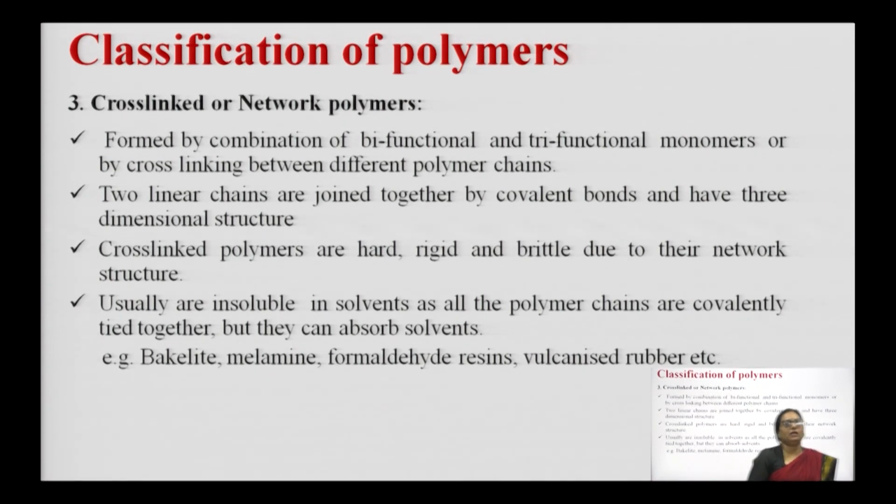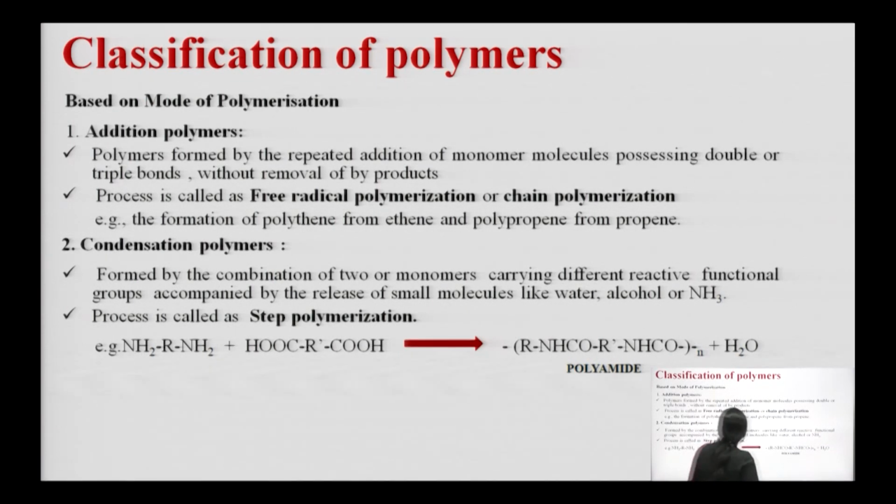Usually, they are insoluble in solvents as all polymer chains are covalently tied together. These polymers have different properties as compared to branch polymers or straight chain polymers, and they can absorb solvents. Examples of such polymers are bakelite, melamine formaldehyde resin and vulcanized rubbers.